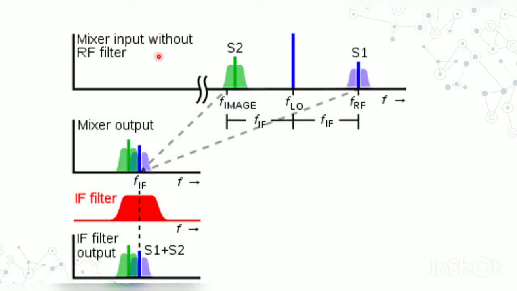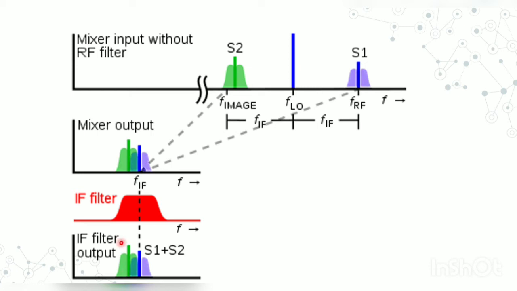Here, when we don't have an adequate RF filter, our mixer input consists of the image frequency along with our desired signal. When this goes into the mixer, as a result we obtain an intermediate frequency which has both the image and the desired signal. When this output passes into our IF filter, we obtain S1 plus S2, that is both the image and the desired signal.